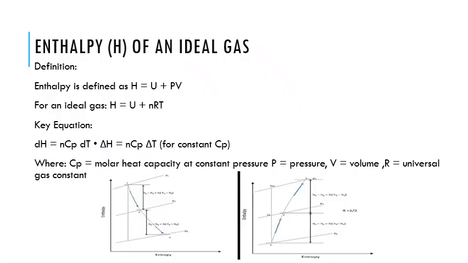The main equation for change is delta H is equal to nCp delta T, where Cp is the molar heat capacity at constant pressure. If we are ever dealing with processes at constant pressure, this is the formula to use.